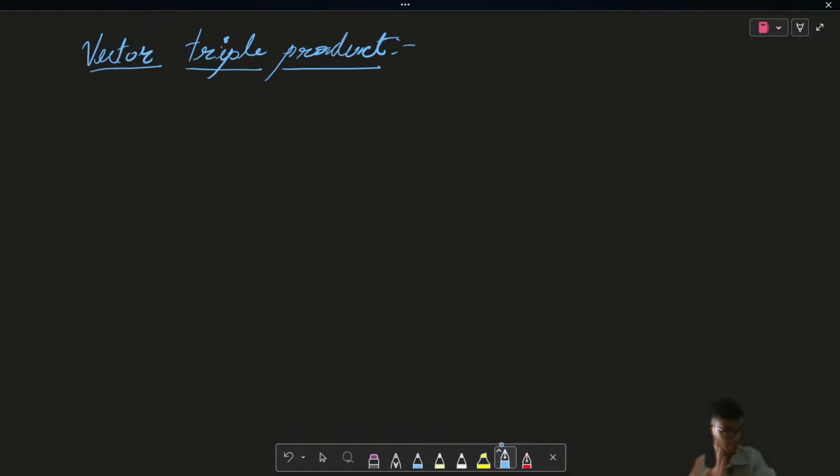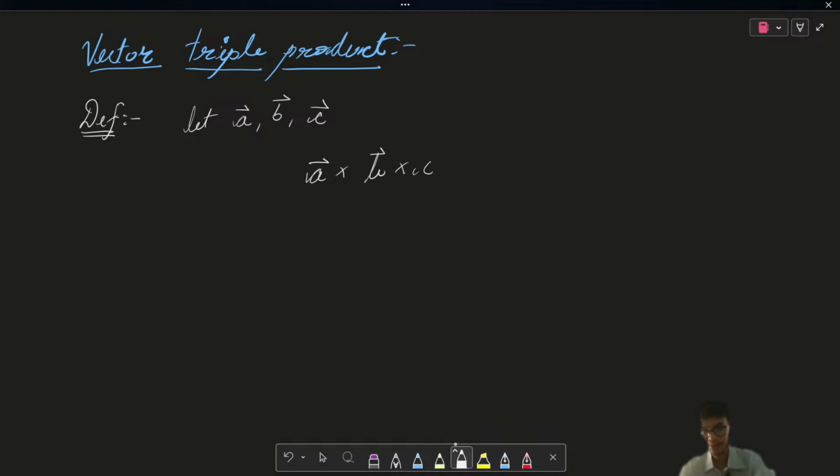So in today's session, we are going to discuss another important product which is basically called the vector triple product. So let's try to first define what this particular product looks like. If I talk about three vectors, let us say I take three vectors, vector A, vector B and vector C, which are any three vectors I have with me. Then the vector triple product is defined as A cross (B cross C).